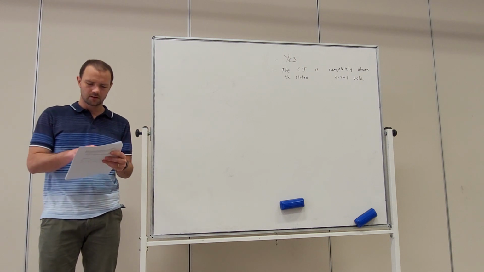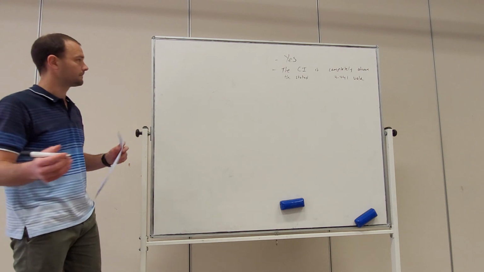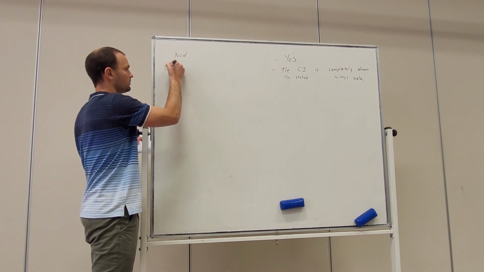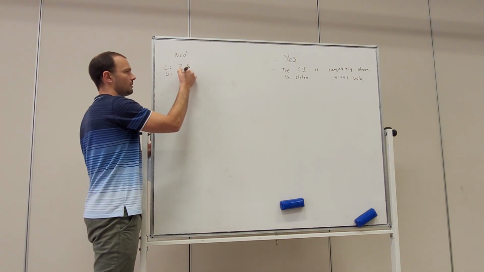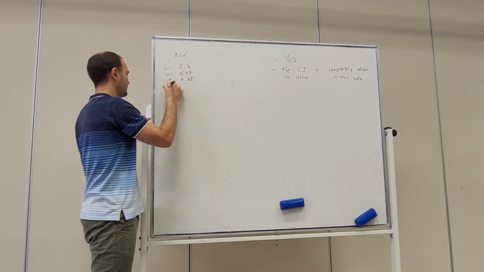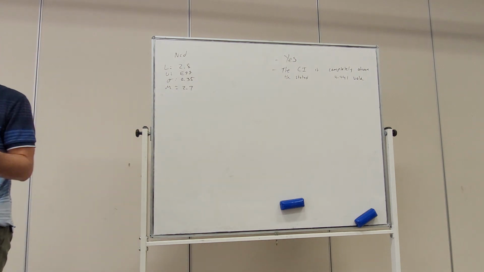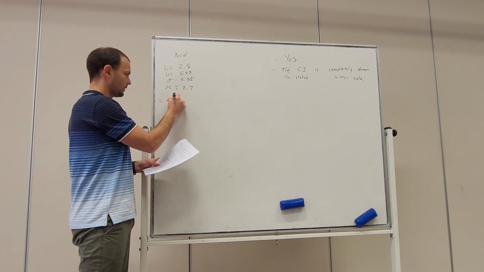Determine the probability that a carton of Ted's oat milk will contain at least 2.8 grams of fat. So this is an NCD calculation. We're talking about the normal distribution. We're saying at least 2.8 grams, so the lower boundary 2.8, upper boundary infinity. Standard deviation is 0.35 and the mean is 2.7. That's what we're putting in our calculator, that's our syntax, and we evaluate that. I got 0.388.